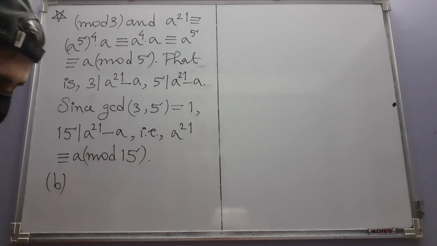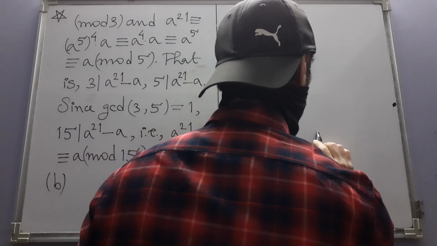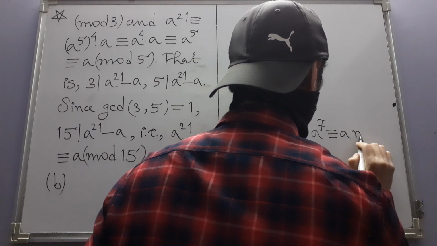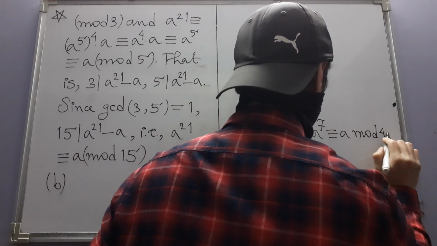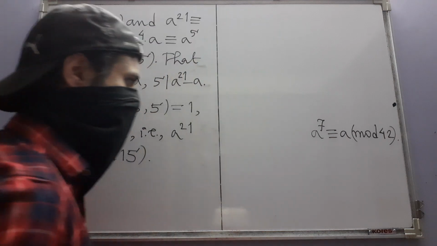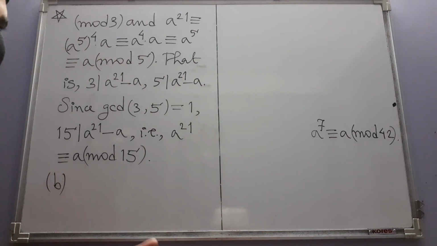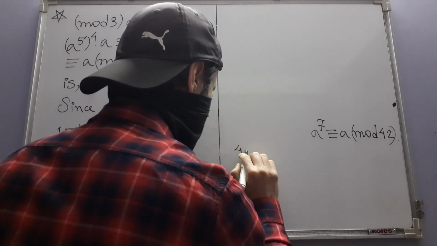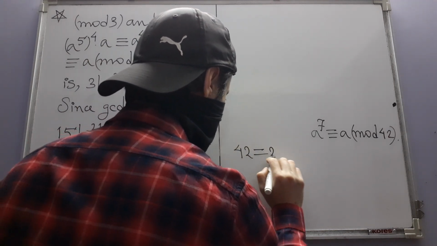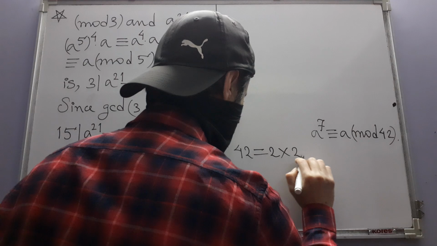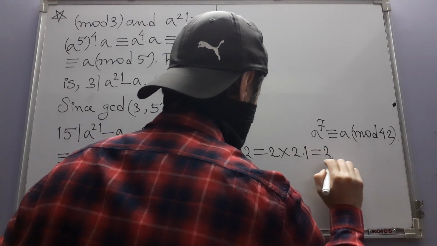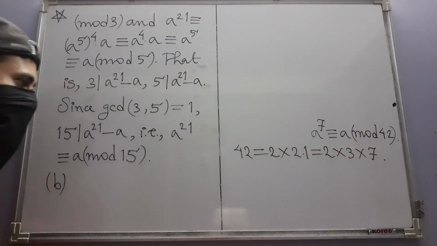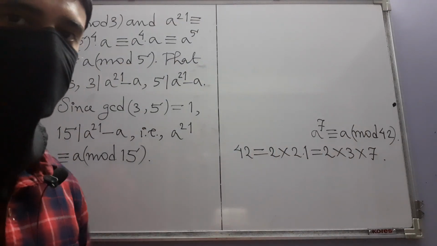Here the congruence is a to the power 7 congruent to a modulo 42. So you have to first of all see the primes that give us 42. 42 is 2 times 21, that means 2 times 3 times 7. So we have to apply Fermat's theorem to these primes.